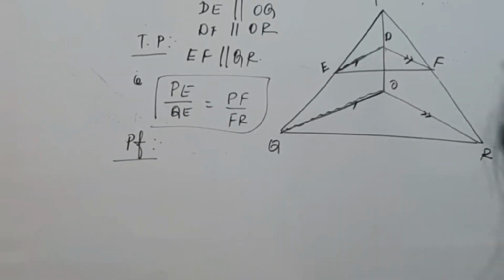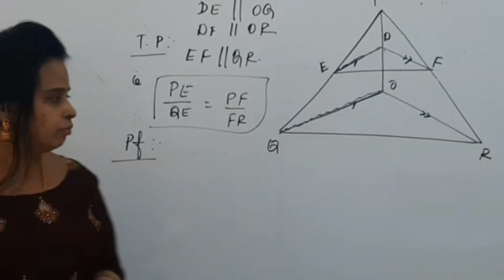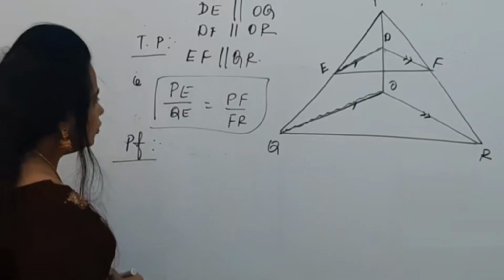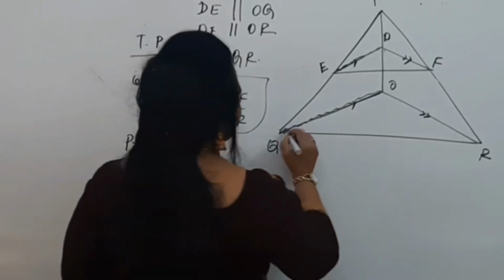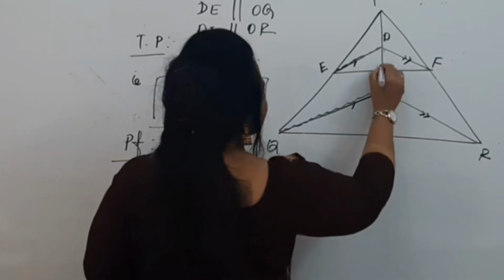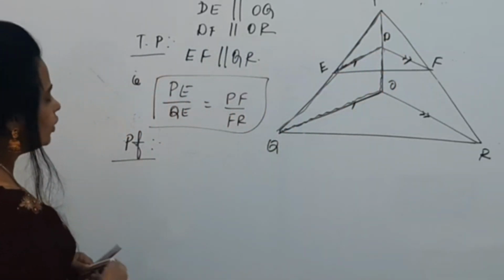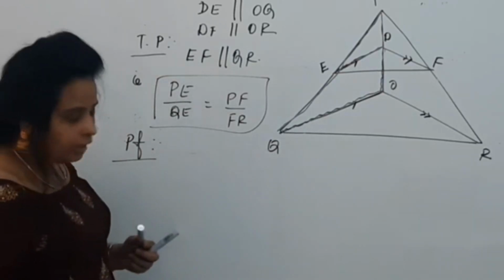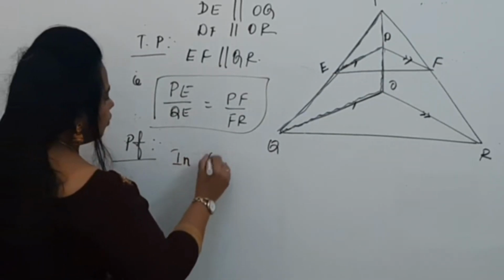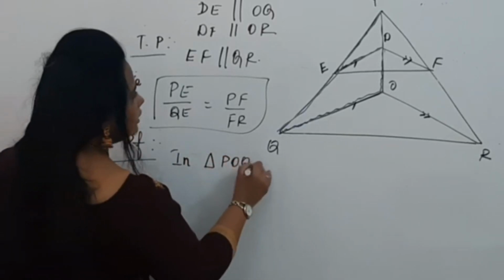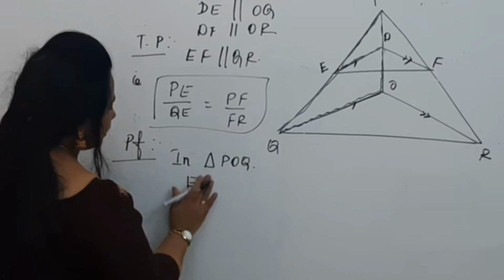Now children, we have to prove PE by QE is equal to PF by FR. Now I told you, take the triangle such that this is the bigger parallel line. So my triangle is this one. Hope you get this one. So in triangle POQ, I say DE is parallel to OQ, as it is given.